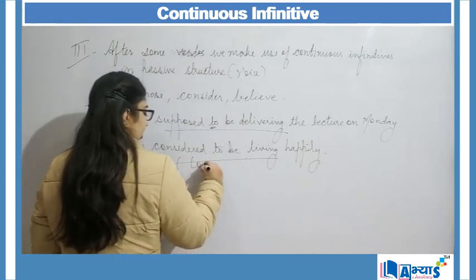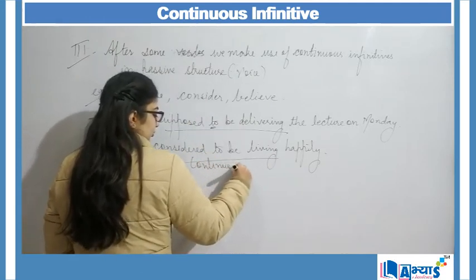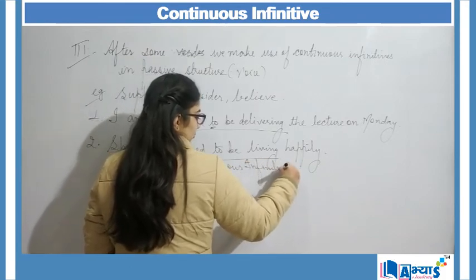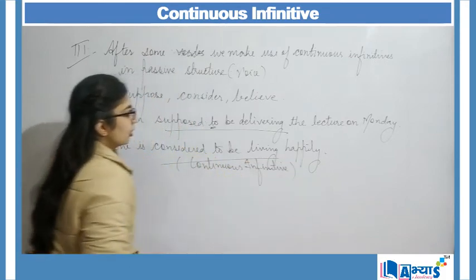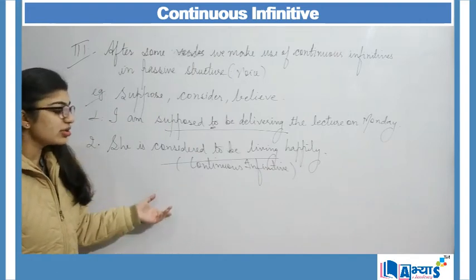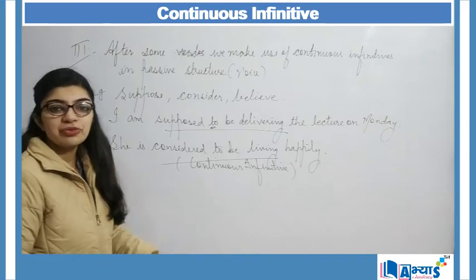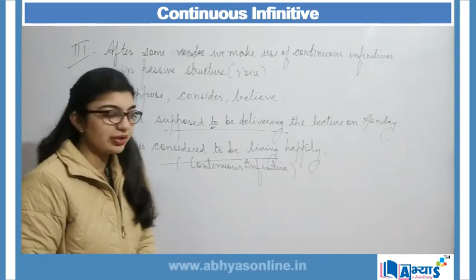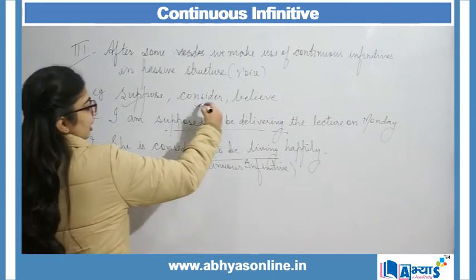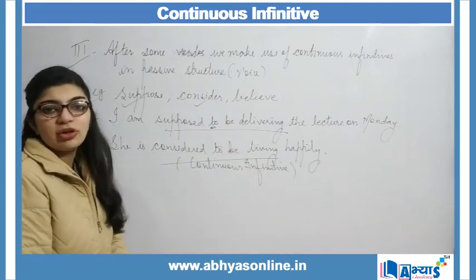This is my continuous infinitive. So here I am making use of verbs which are used in a passive form if they are used with the continuous infinitive. So here I have made use of the word suppose, then I have said consider. Let us take the example of believe.